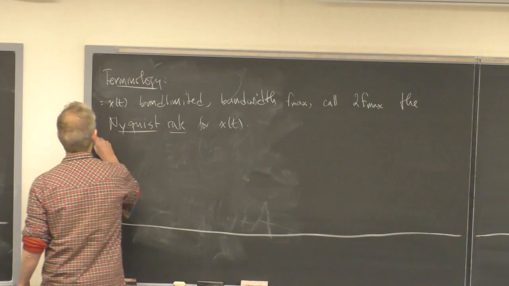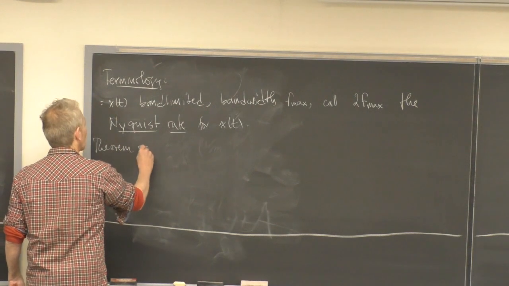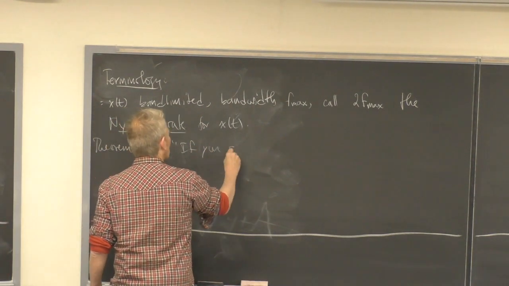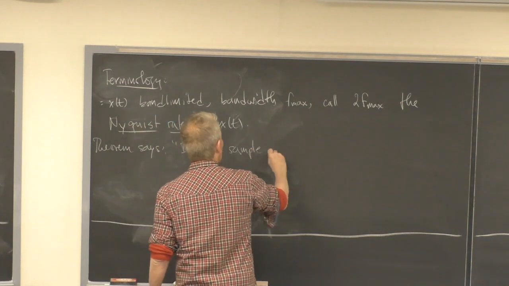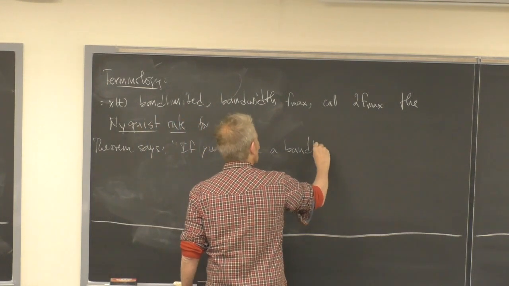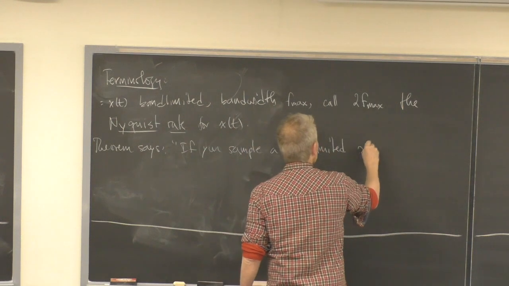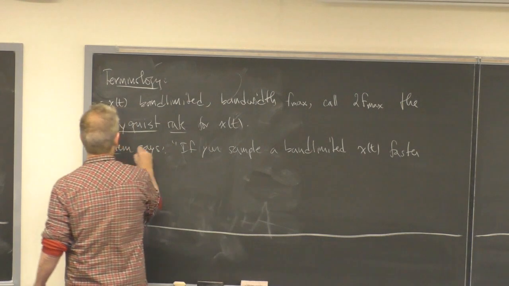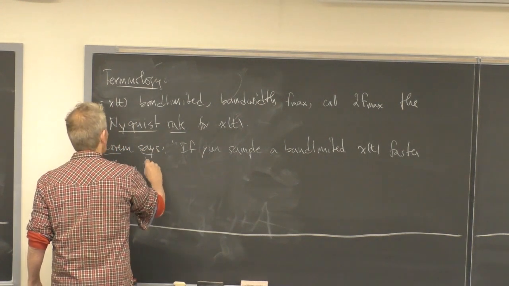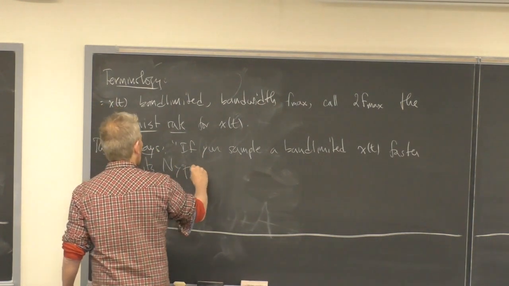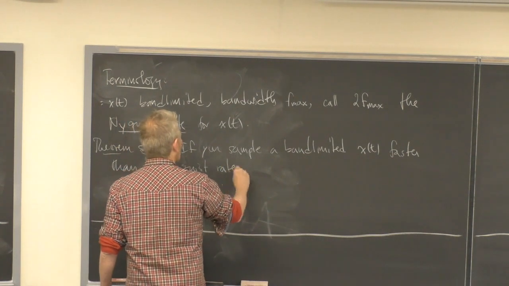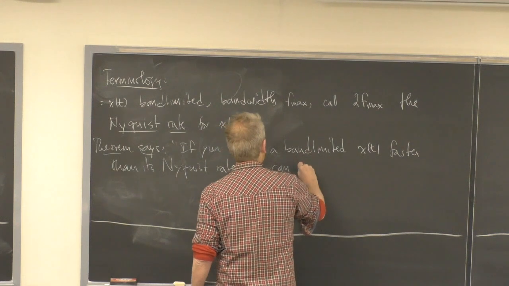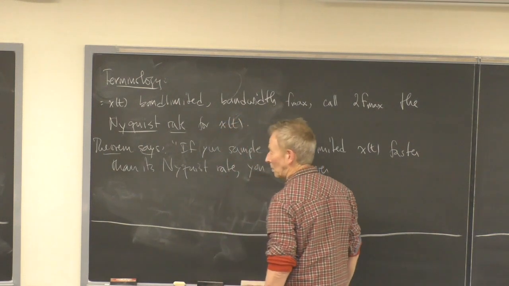So the theorem says, if you sample a band-limited x of t faster than its Nyquist rate, then you can recover x of t from the samples, in principle.